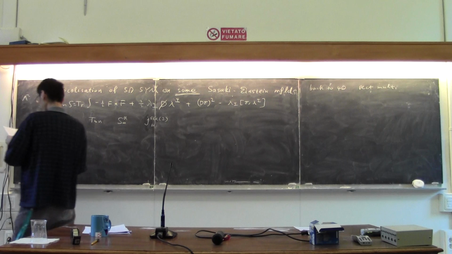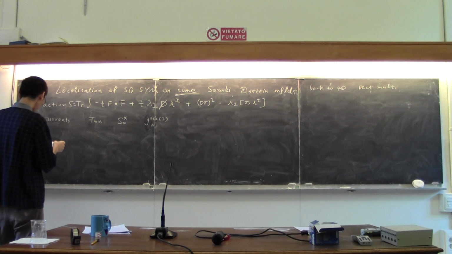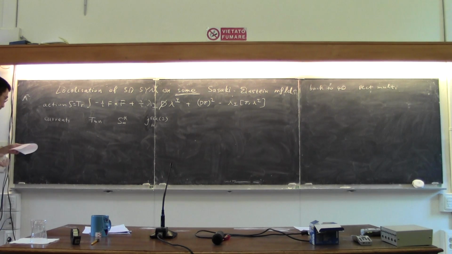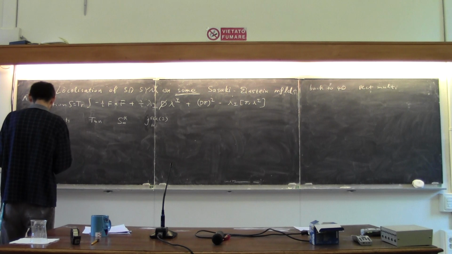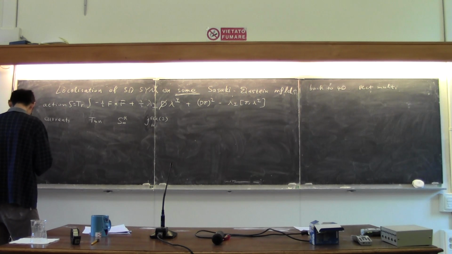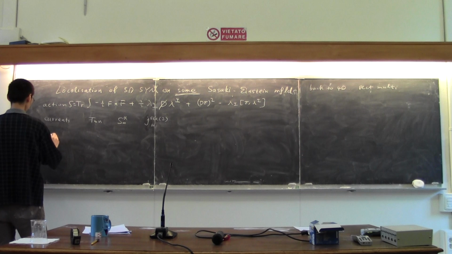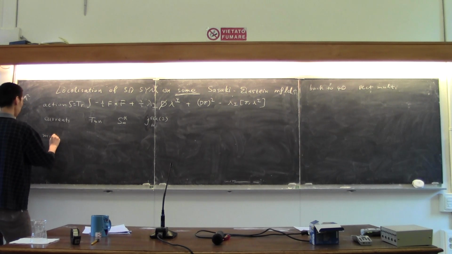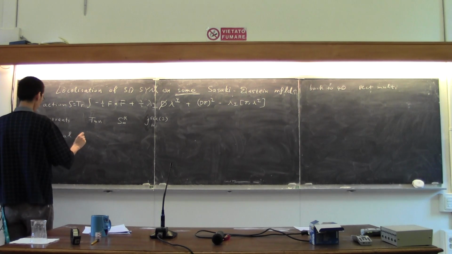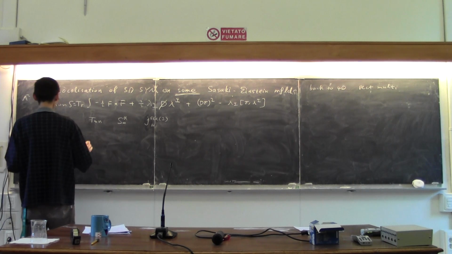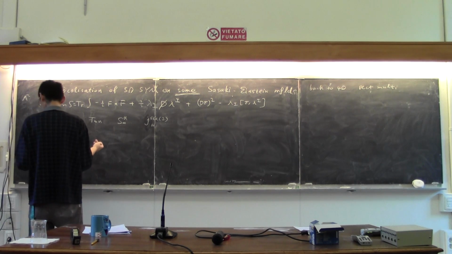Let me just give you a list of the fields there, because some of these fields will feature in the Killing spinor equation. So I think it's necessary to write it down. This is the minimal. And also, I must say that I'm no expert in supergravity, so if I start preaching heresy, let me know.